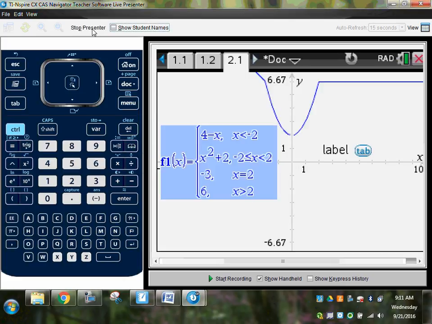So once we grab that and move it over to the side, here's what our graph looks like. Already I'm sitting there going, there's something missing from this graph. Hands up, please, if you can tell me. If I'm looking at this graph and look at the function, does anybody see what's wrong with this or what's missing?